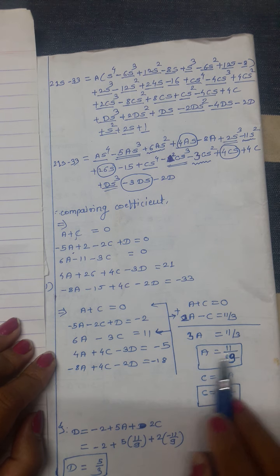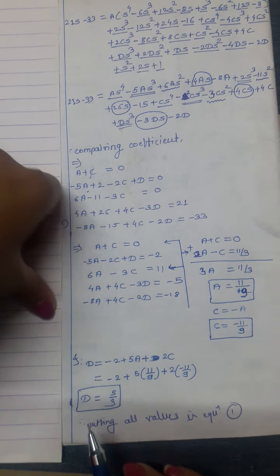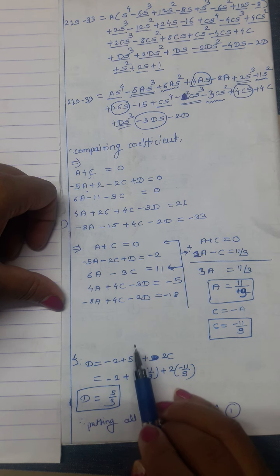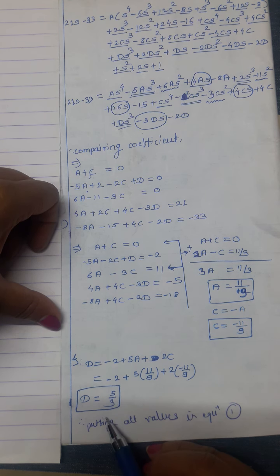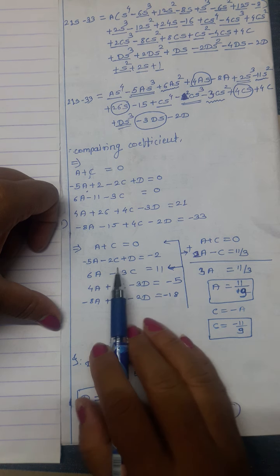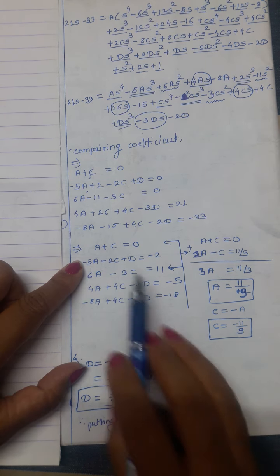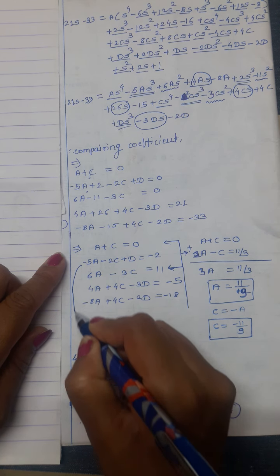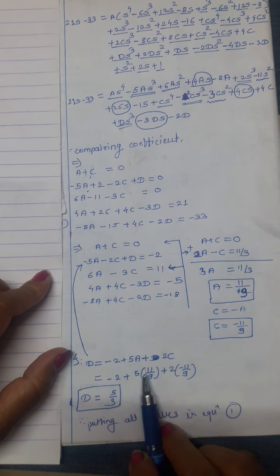Now put these values in any one of the equations. Here we have put this value in any equation. We get D is equal to minus 2, this comes from this, minus 2 plus 5A plus 2C.